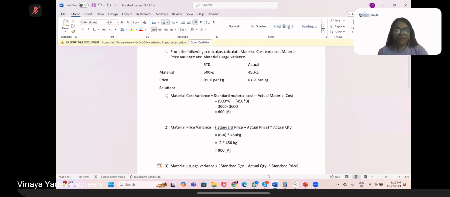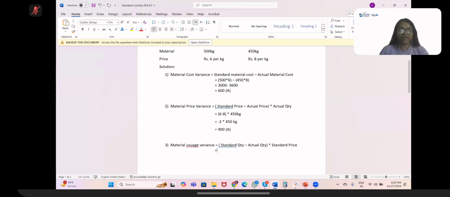Okay, now tell me what is the standard quantity and actual quantity. कितना है standard quantity, actual quantity? बताइए आप लोग.